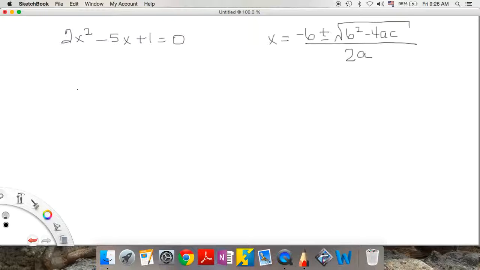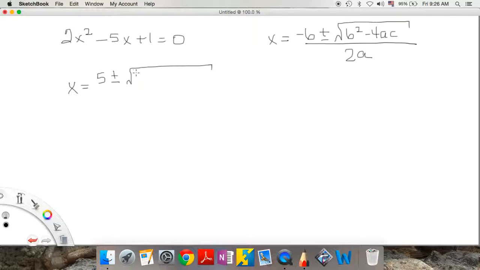So we just take our opposite b, so our b is negative 5, so opposite that is 5, plus or minus. Remember, we've got to have two answers. It's quadratic. You're going to have two zeros every single time. And it has to be equal to 0 for you to use this quadratic formula. So keep that in mind too.